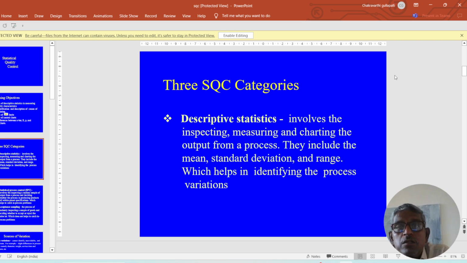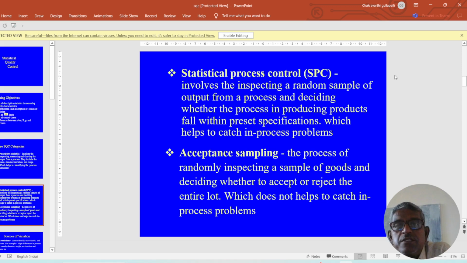Now, in SQC, there are three categories. Descriptive statistics involves inspecting, measuring, and charting the output from a process. They include the mean, standard deviation, and the range, which help in identifying the process variations.